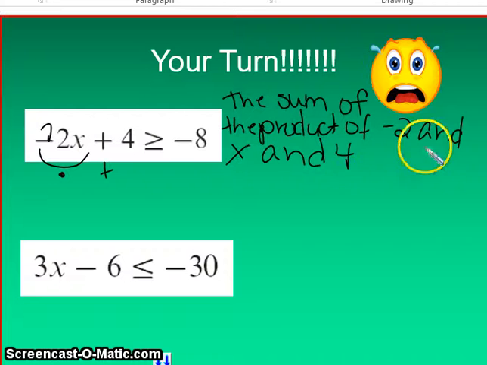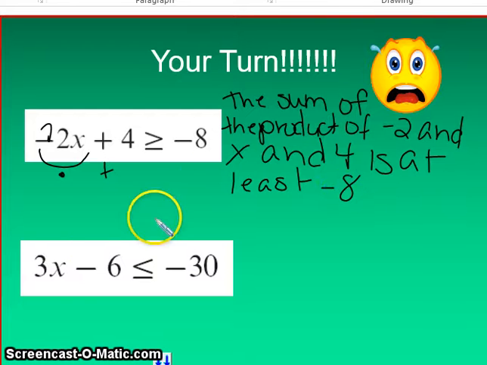So we've got the product of negative 2 and x, and then we've got the sum of that and 4, so that shows we're adding 4. Is, and we could say is greater than or equal to, or we could say is at least negative 8. So that's one way that we could write that.